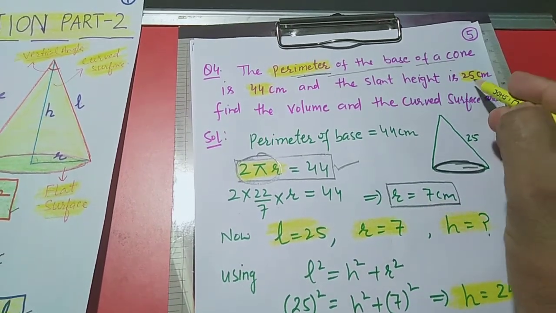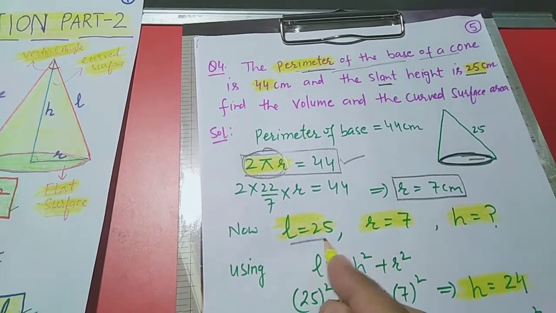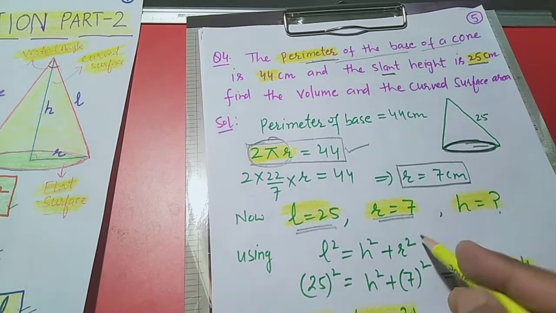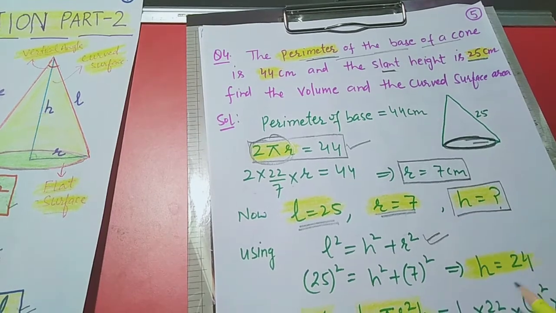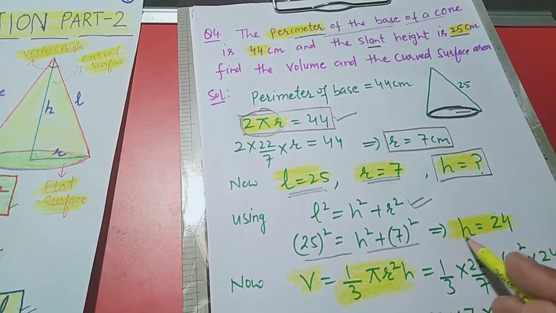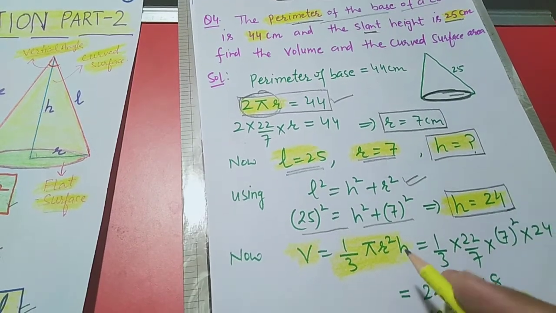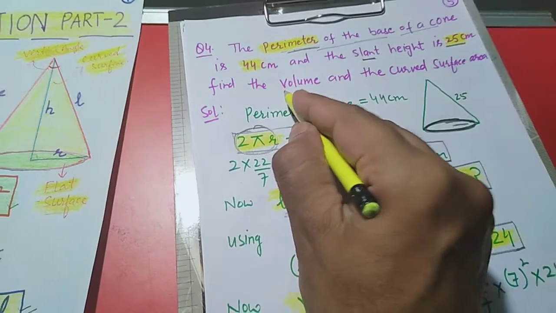Now in the question the slant height is already given as 25 centimeter, and r I have calculated as 7 centimeter. By using the same formula, I can get the value of h. After the calculation, I have got that h is equal to 24. Now I can tell you the volume, because it is asked to find the volume.